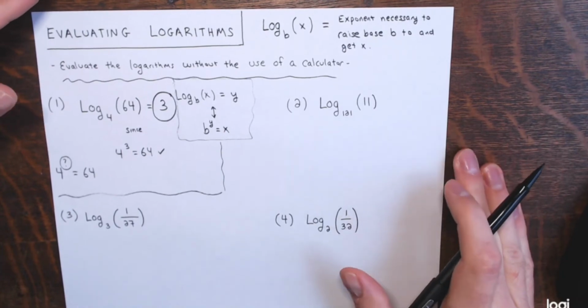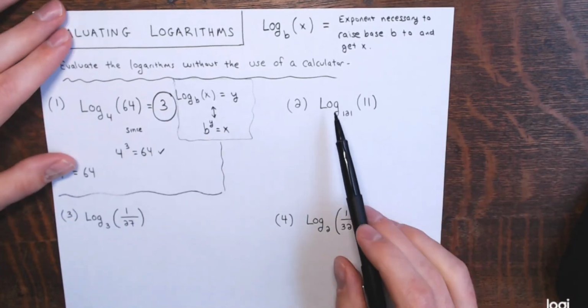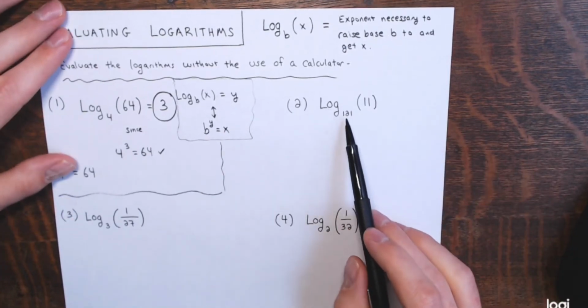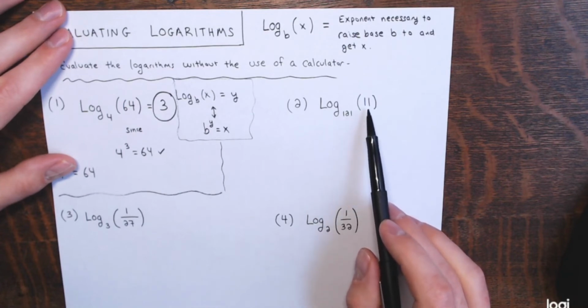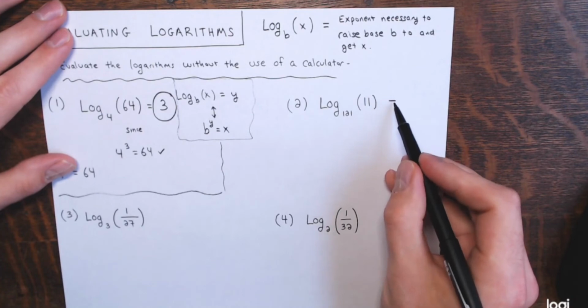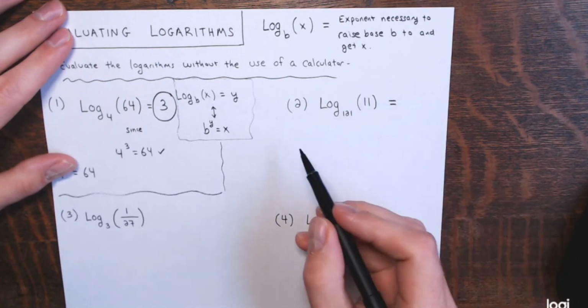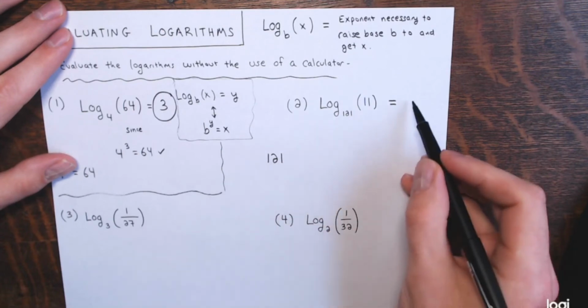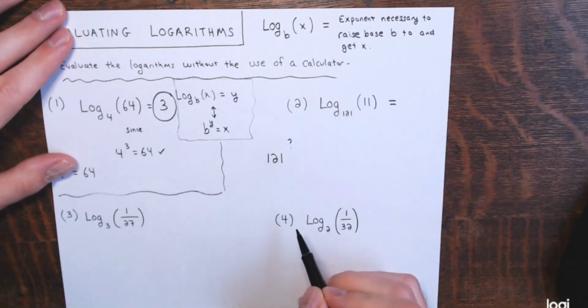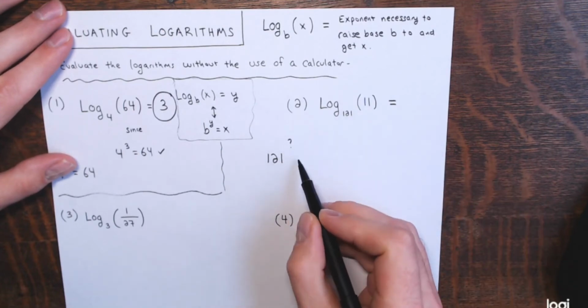So example 2. I have the log base 121 of 11 equals what? So we have to think, 121 is the base. What power do I raise that to, and get 11?